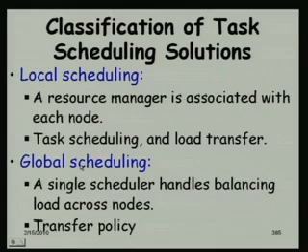On the other hand, in global scheduling, we will have just one node decide about what to do. Once the task arises, this is the one which will decide what to do with that task, where to send it.